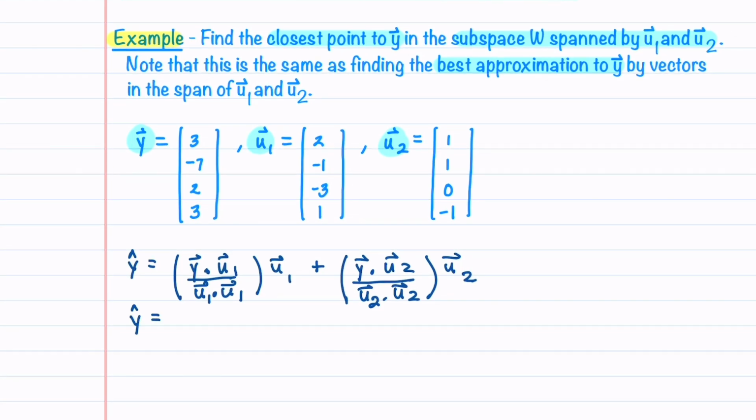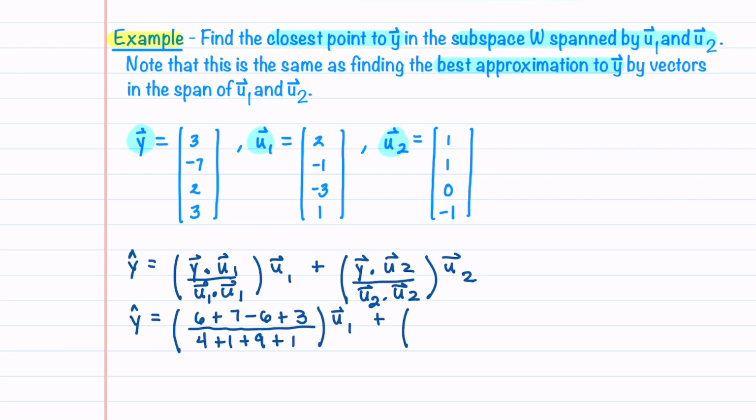Let's now compute these dot products. Our y hat is y dotted with u1, so we're just going to multiply the corresponding components. This gives us 6 plus 7 minus 6 plus 3. And then u1 dotted with u1, we just have to square each of the components in u1, so this is 4 plus 1 plus 9 plus 1.